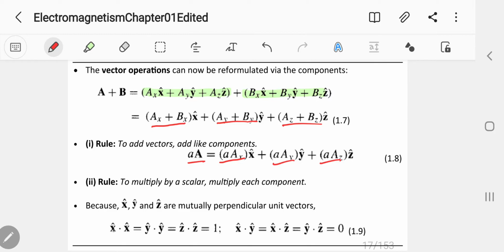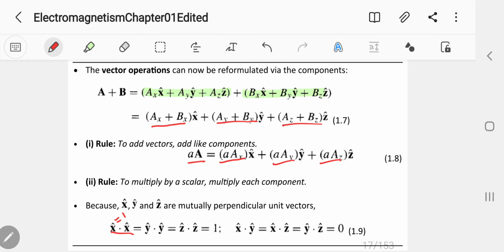So again, if you have x hat dot x hat, this is just equal to 1 because the magnitude of x hat is equal to 1, and the angle between x hat and x hat is equal to 0, so cosine of 0 is just equal to 1.